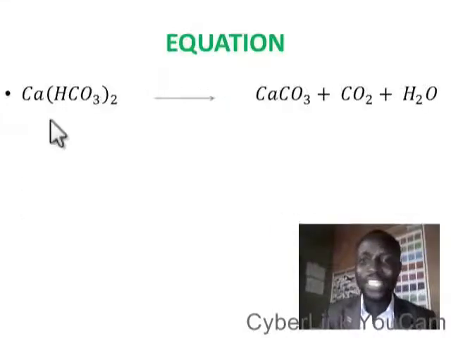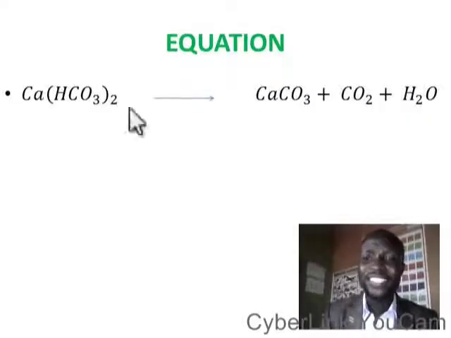Look at how the equation looks. Calcium hydrogen carbonate, there is heat here, you have to heat it. This is inside water already. When you heat it, it gives us calcium carbonate plus carbon(IV) oxide plus H2O.